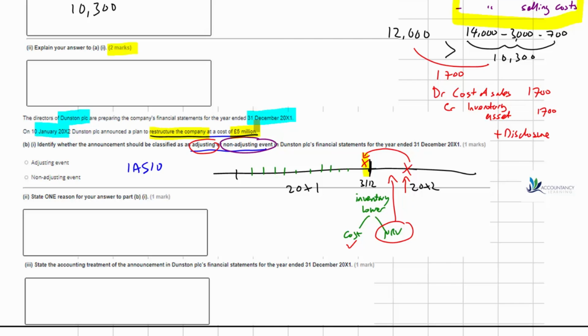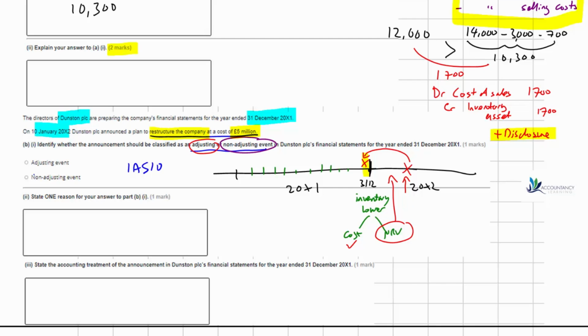However, given that the £5 million is probably material and the owners of the company would want to know about it, we would need to have disclosure. So IAS 10 says for non-adjusting events, we disclose only, but there's no adjustment to the figures.